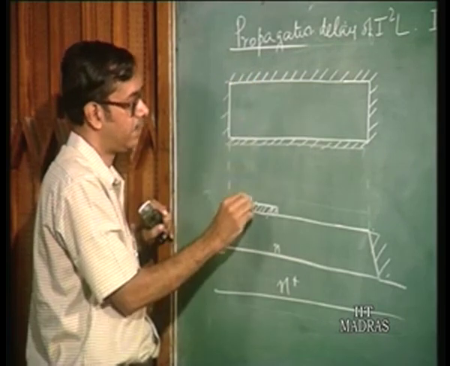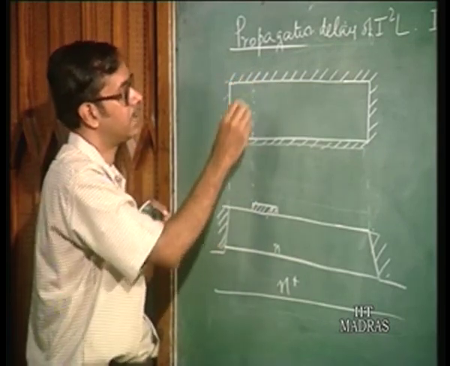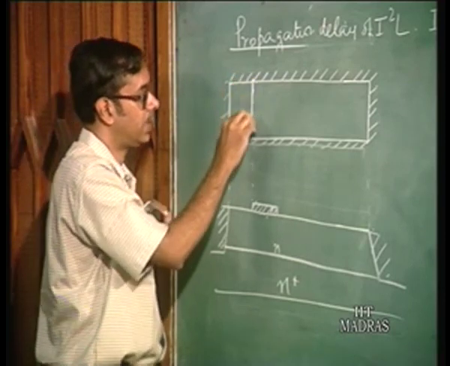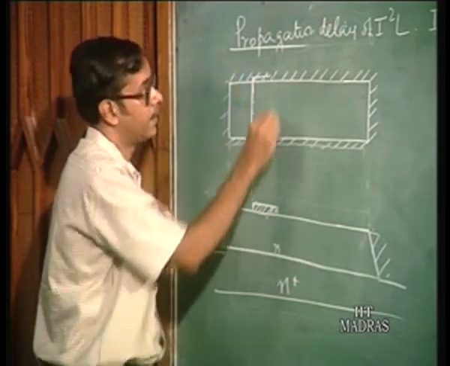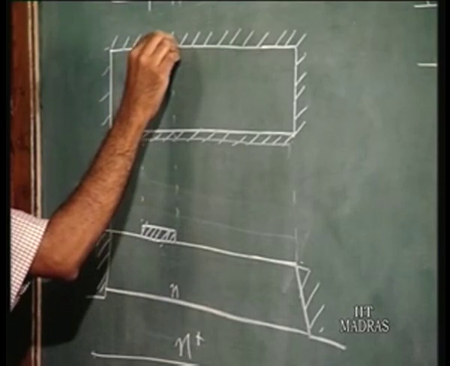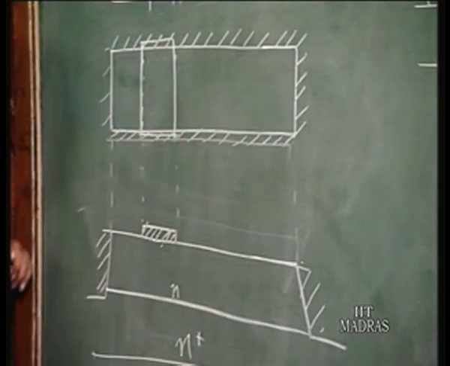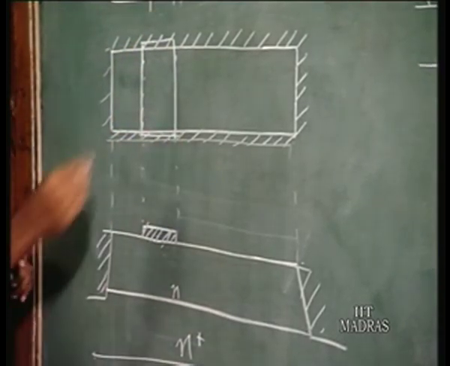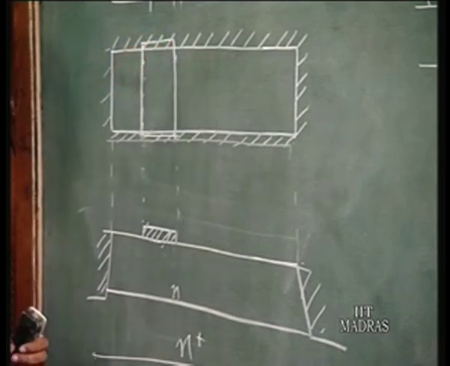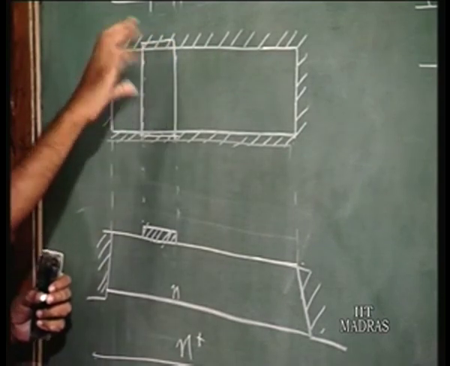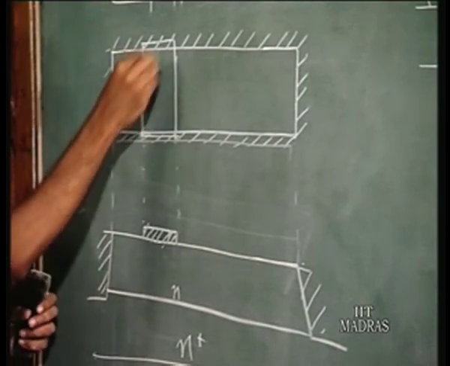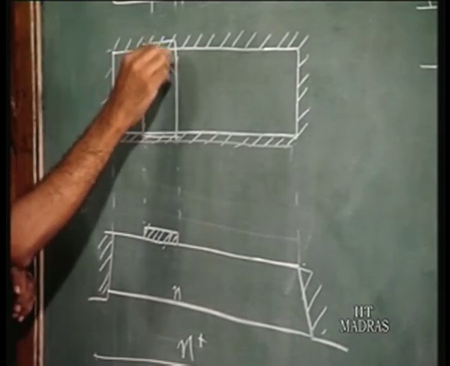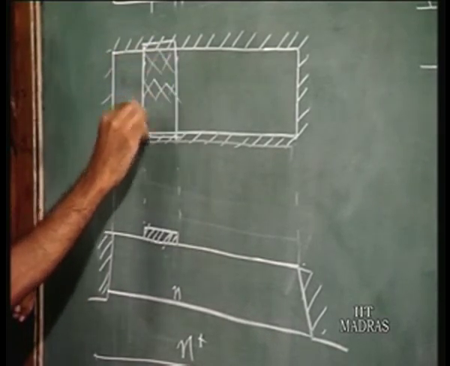So basically if you look at the mask, you have a region like this. This is, looking from the top, the mask for p plus diffusion.